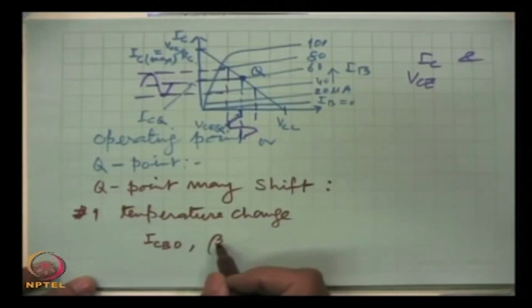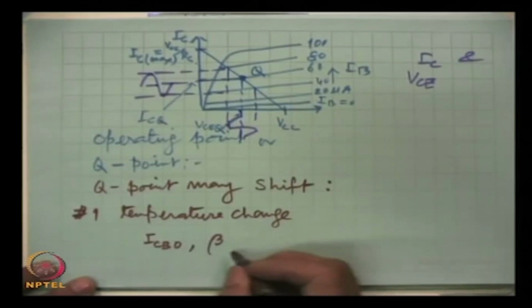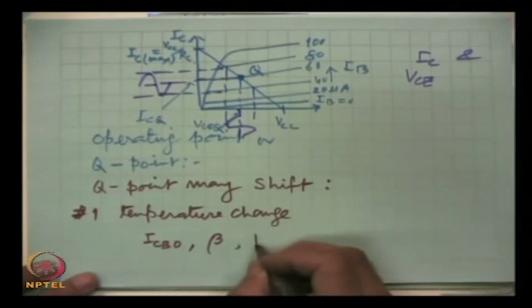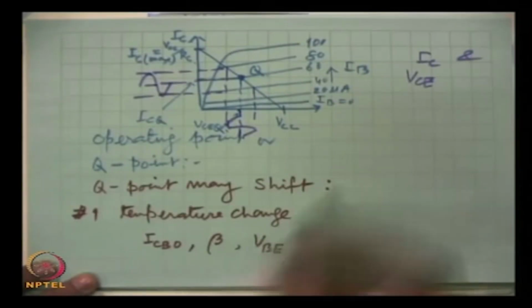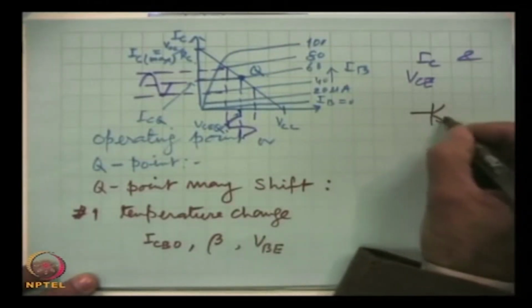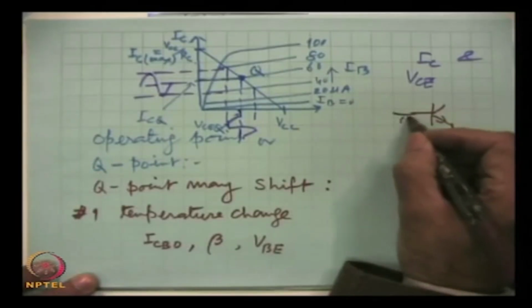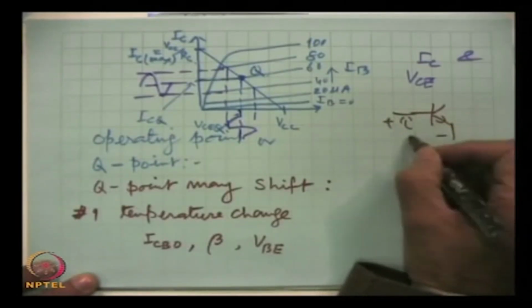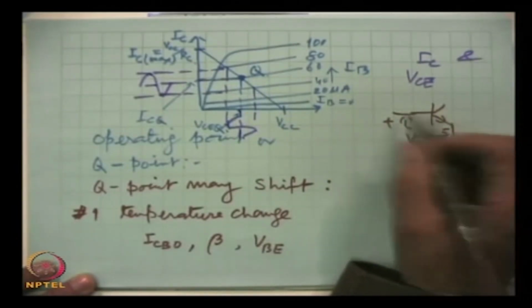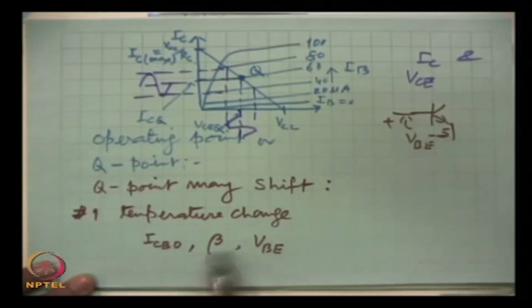With rise in temperature, beta increases, current gain increases, and with fall of temperature, it falls. And the third quantity which is temperature sensitive is VBE, that is this drop, this voltage plus minus. This is also temperature sensitive, and we have talked about the degree of variation with temperature of all these three parameters. So, this is one cause.